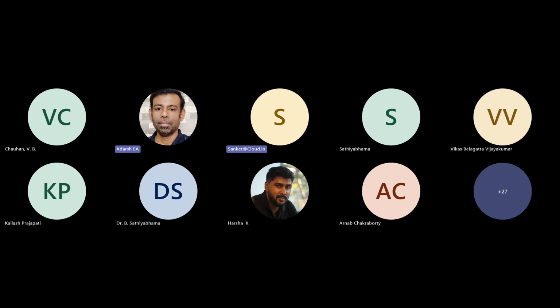Hello, am I audible? Yeah, Adarsh. Hello. Okay, so I'm audible, right? Hello. Yeah, Adarsh, am I audible to you? Yeah, hello, Sanket. Am I audible to you? I'm not audible.